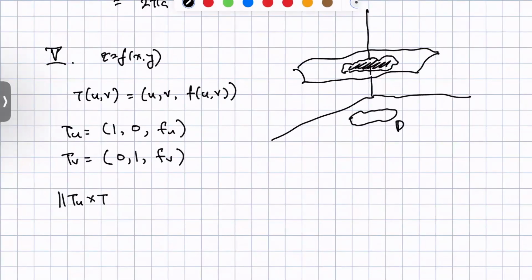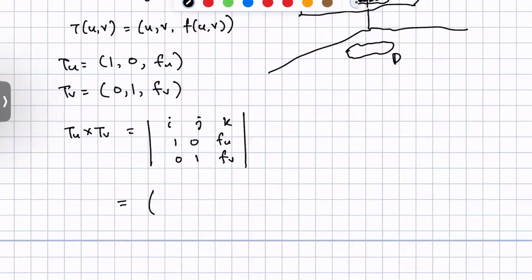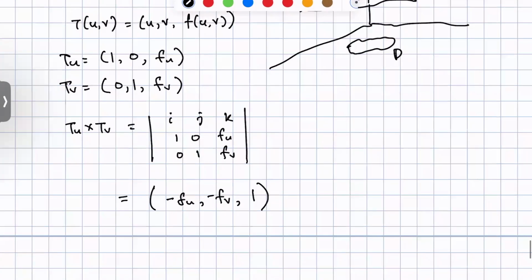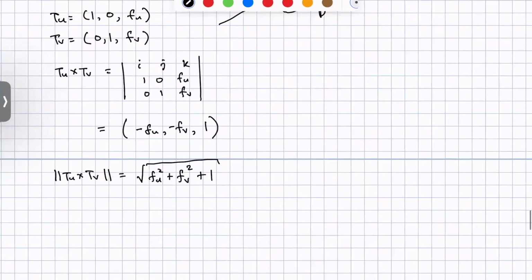So T_u cross T_v is equal to, oops, I guess we should take the unnormed cross product first. So I get i, j, k, 1, 0, f sub u, 0, 1, f sub v. So this comes out to be, let's see, minus f sub u, minus f sub v, and then a 1. So the norm of T_u cross T_v is equal to the square root of f sub u squared plus f sub v squared plus 1. So that's the integrand.